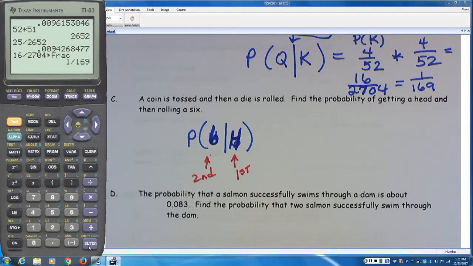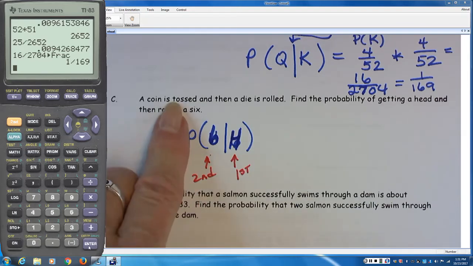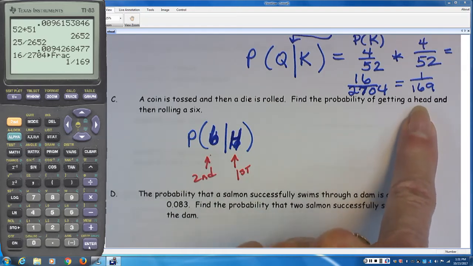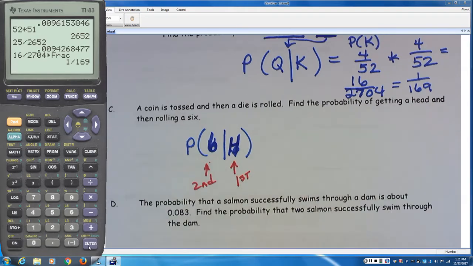But now let me ask you a question. Is this an independent or a dependent event? How do you know it's independent? Two different objects. So is the coin going to look over and say, hey, I'm going to be ahead? No. They have no influence on each other.